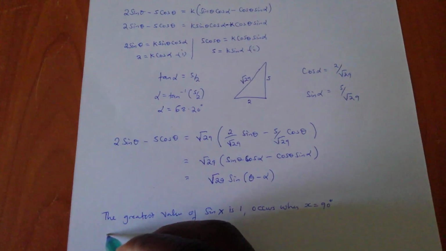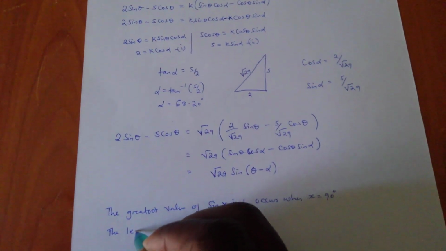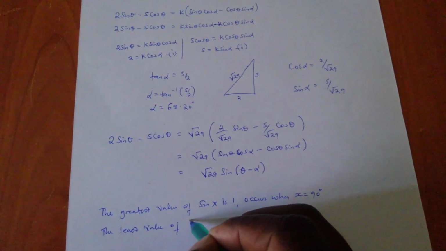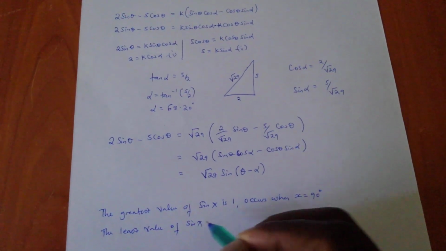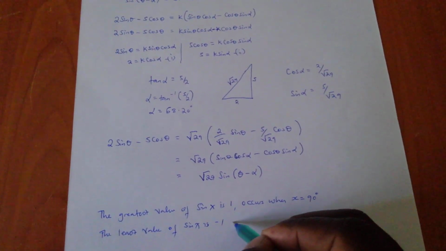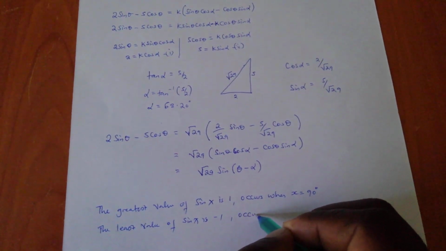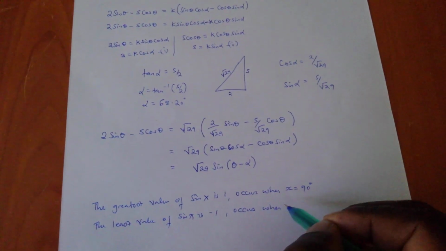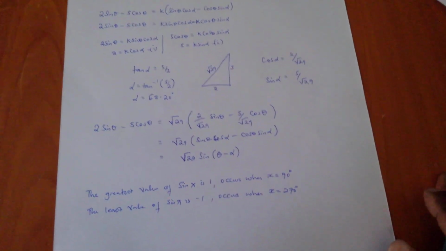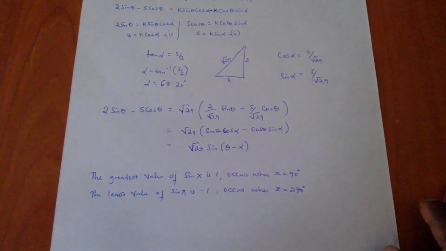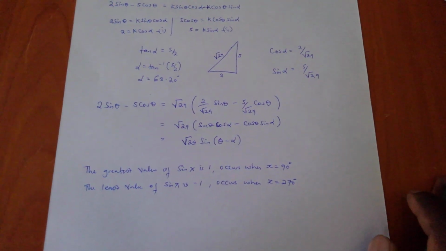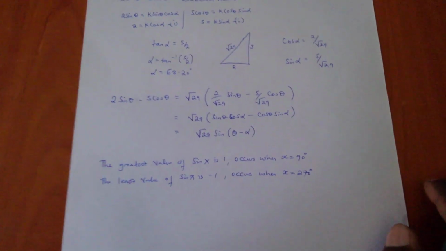And also the least value of sine x is -1, and it occurs when x is 270 degrees. The values of x less than 0 or greater than 360 have been ignored at this point.